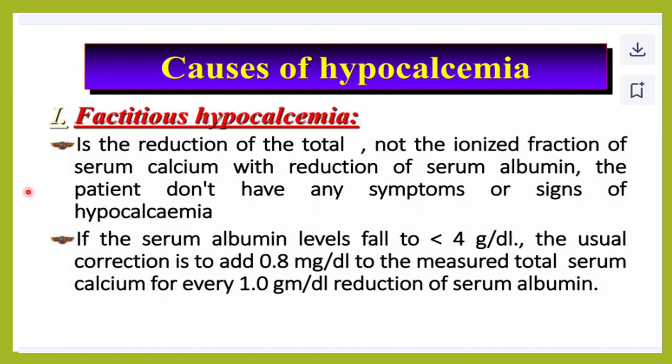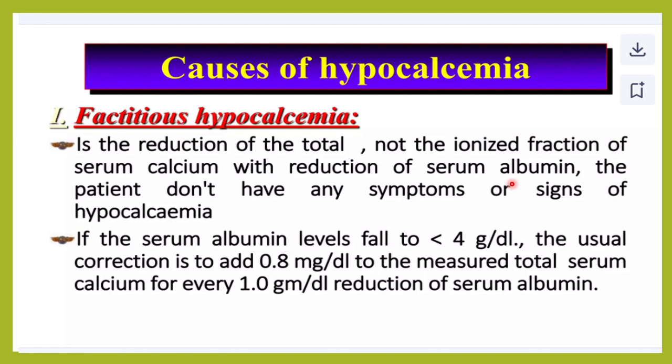It is because of the reduction of the serum albumin. The patient will have low calcium, because when the binding albumin is less, the calcium also appears less. The patient will not have any symptoms or signs of hypocalcemia in this factitious hypocalcemia.